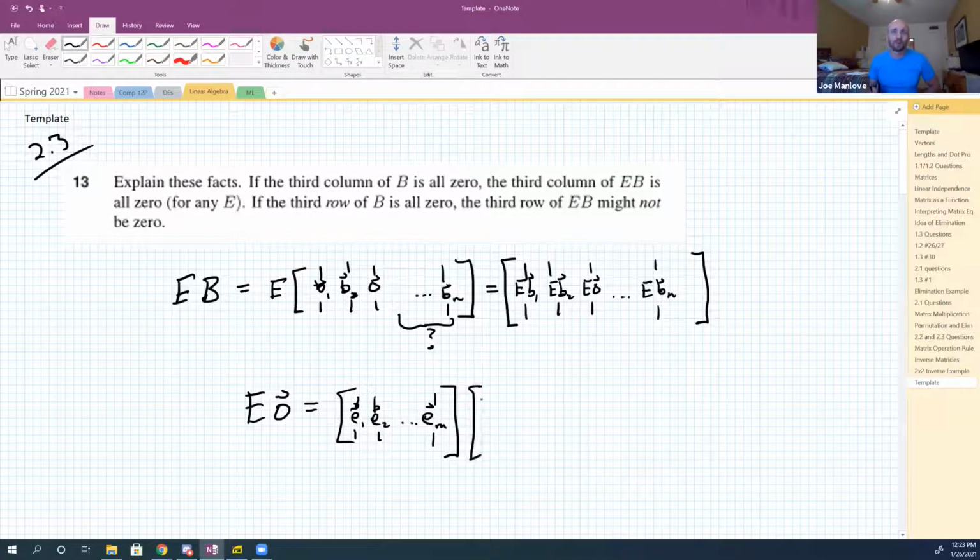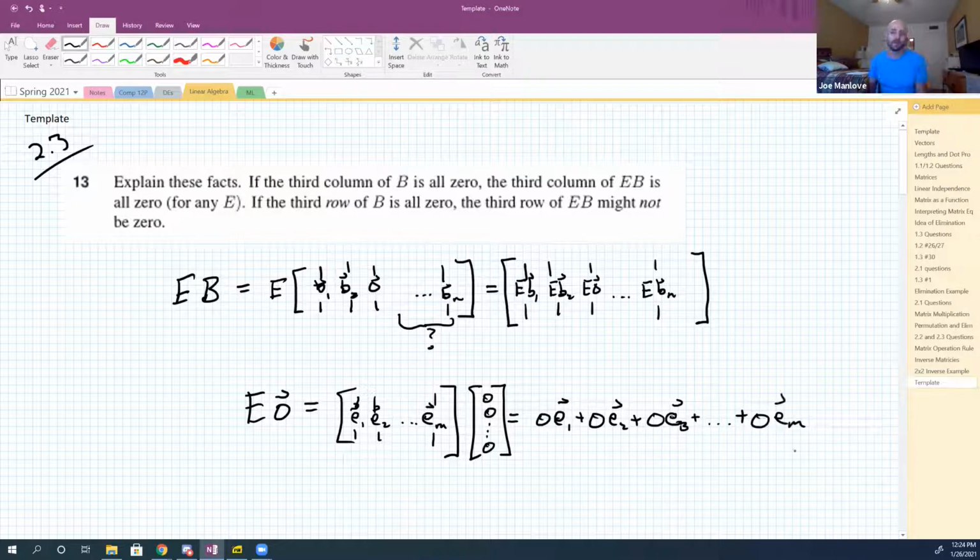And then I'm multiplying this by the zero vector. So the column multiplication picture would tell me that I have 0 times the first column plus 0 times the second column plus 0 times the third column, and on out to 0 times the mth column, whatever that one is. You guys see that?